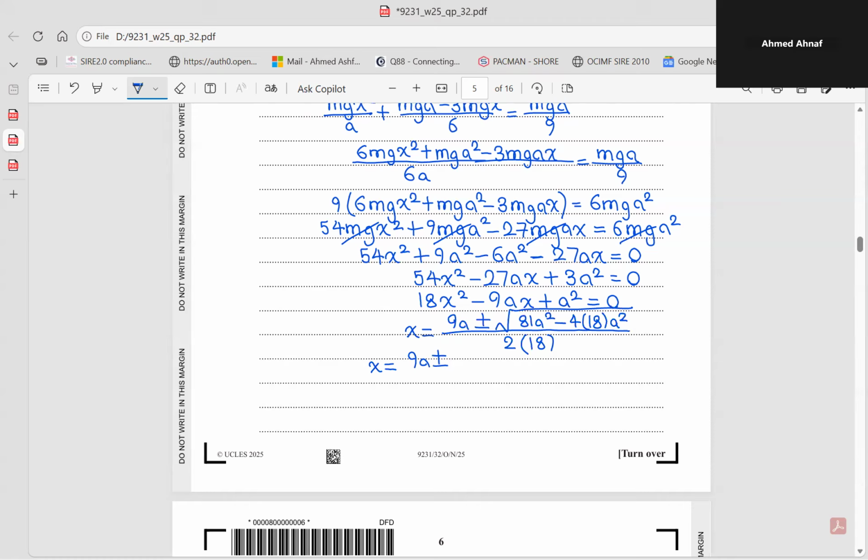You get 9a squared, so the square root of 9a squared is just 3a, all over 36. Therefore x is 9a plus 3a divided by 36, you'll get 1/3 a. And x, you'll also get 9a minus 3a divided by 36, 1 over 6a.